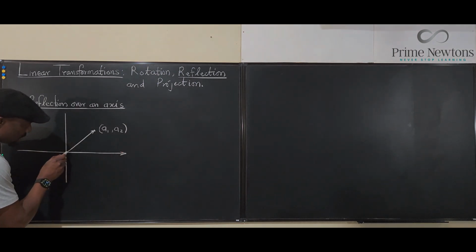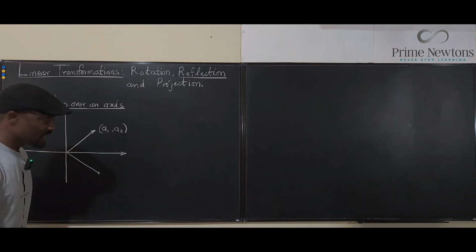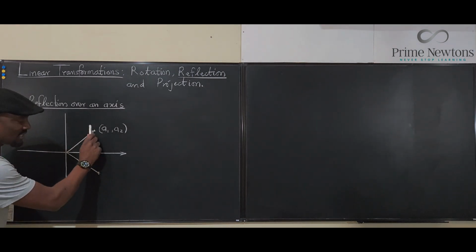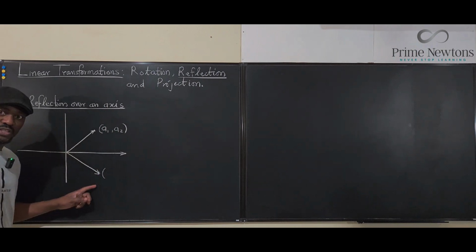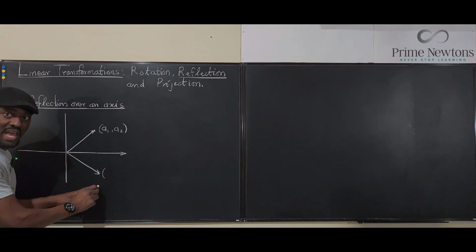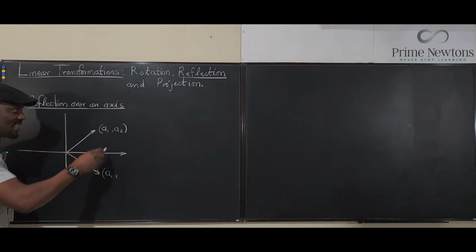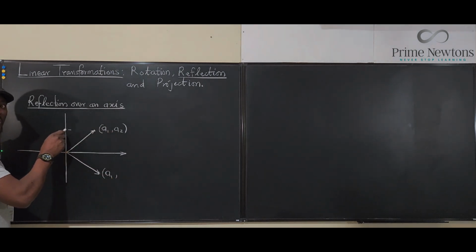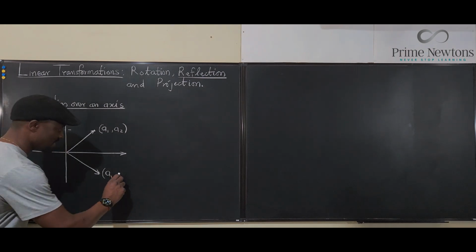Now, notice that the value of x stays the same. So when you describe this new point, which is the image, a1 is still a1, because that's the value on the x-axis. However, this a sub 2 was a positive number. Now you have that same number here, but it's now negative. So what you have here is negative a2.